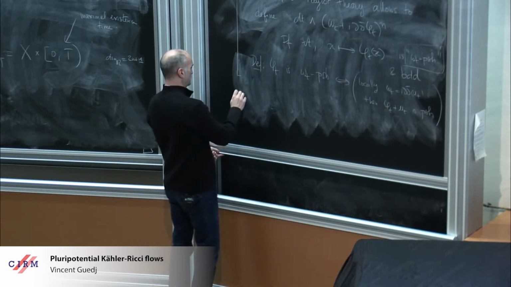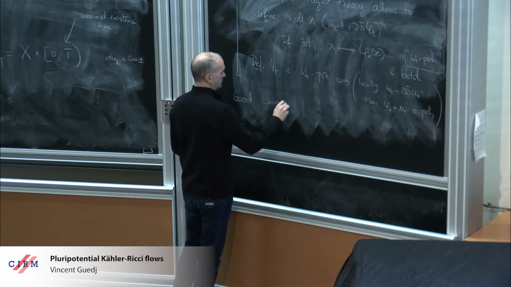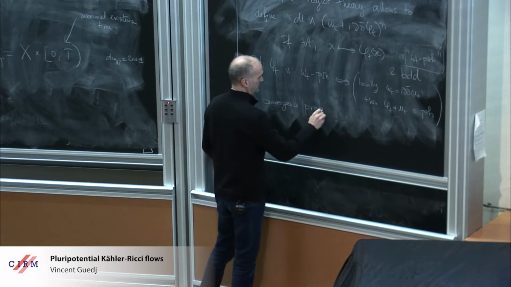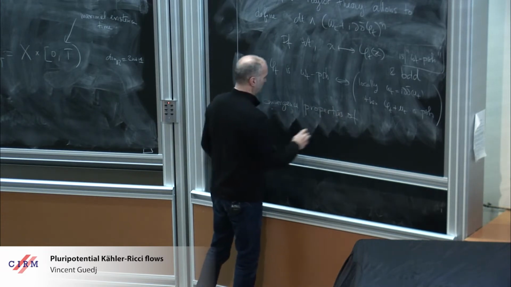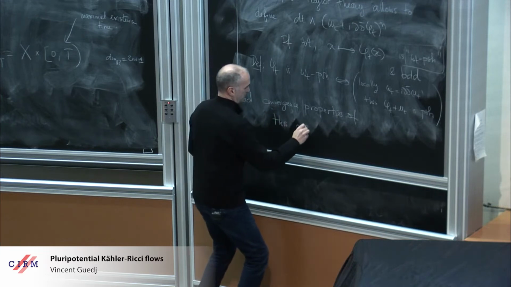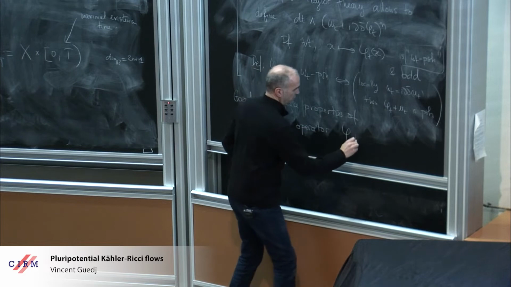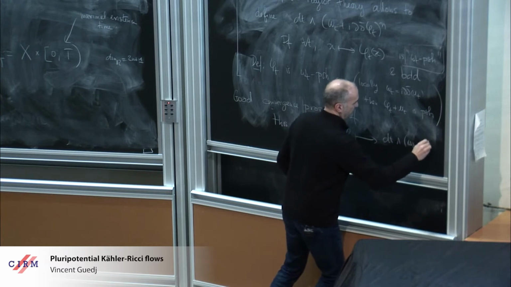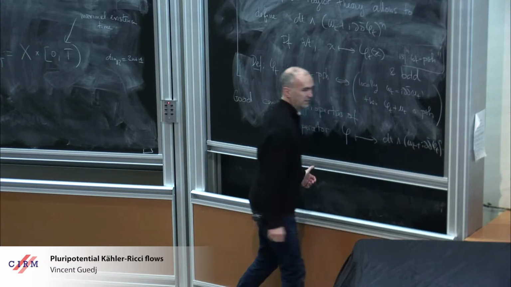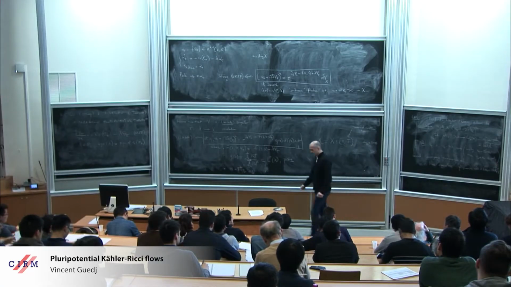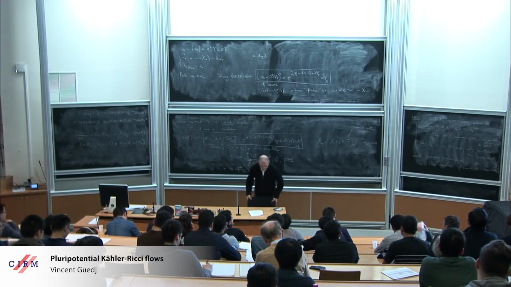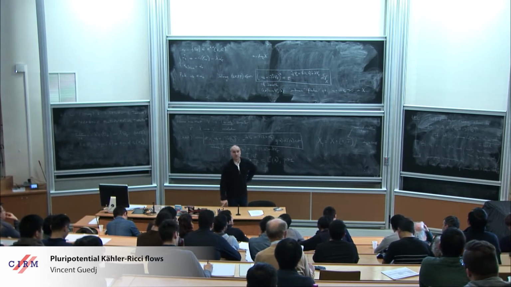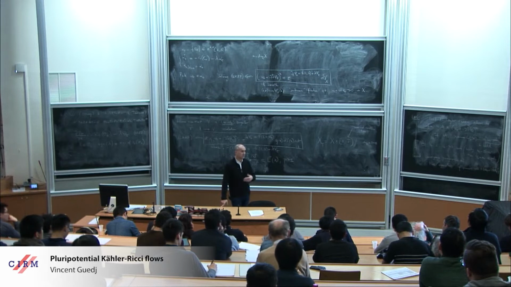And maybe I should emphasize that we have very good convergence properties of this operator: phi goes to dt wedge (omega t plus i dd bar phi t) to the n. I forgot to mention that, of course, in practice you can almost never compute this object in reality.